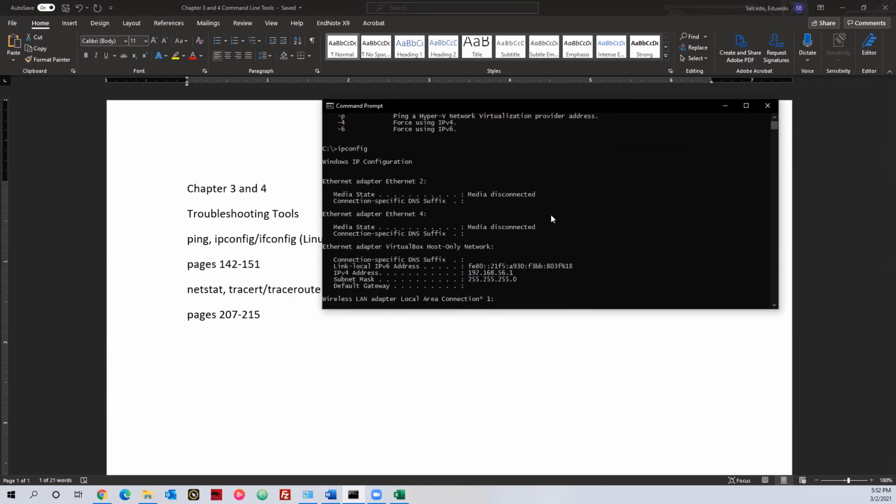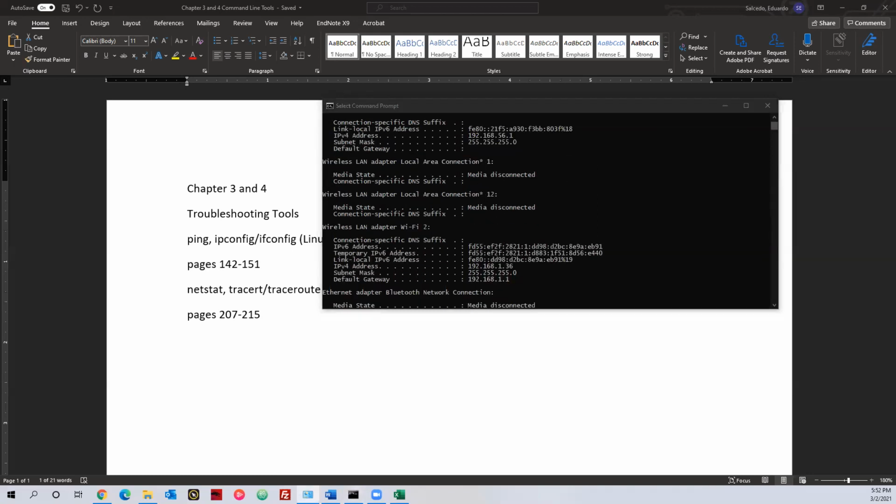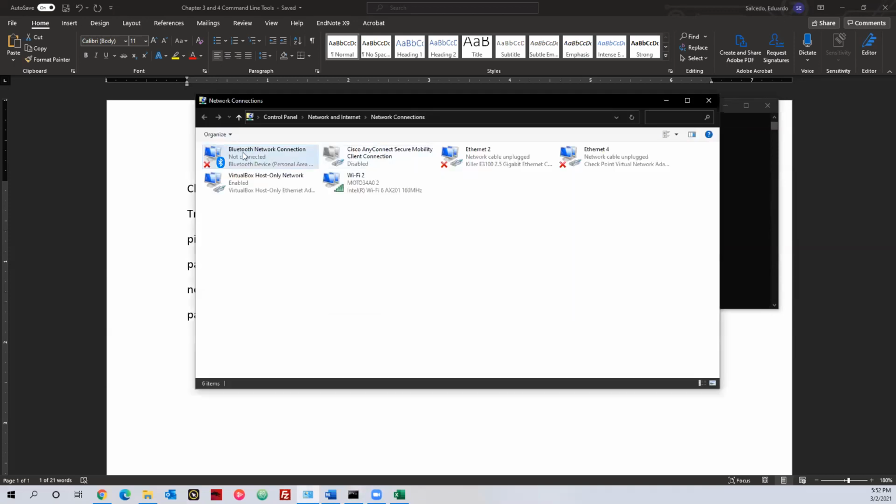So in this case, it gives me a bunch of media disconnected, and I'll show you why. Because my computer has 1, 2, 3, 4, 5, 6 things. This here is connected to that. This is VirtualBox, Bluetooth, Wi-Fi 1, Ethernet.